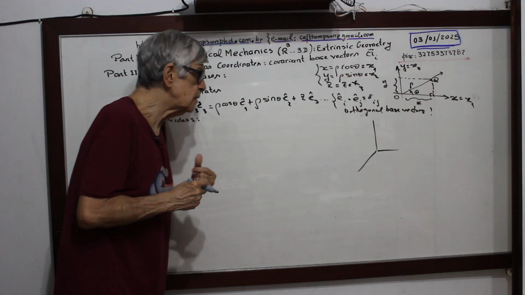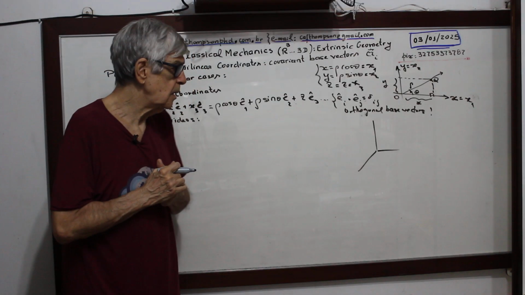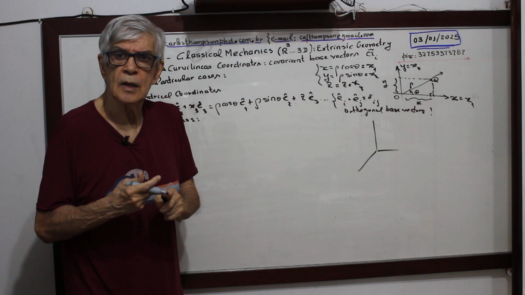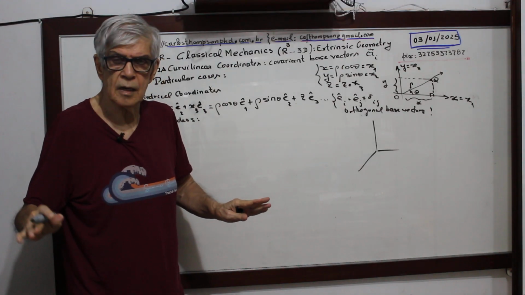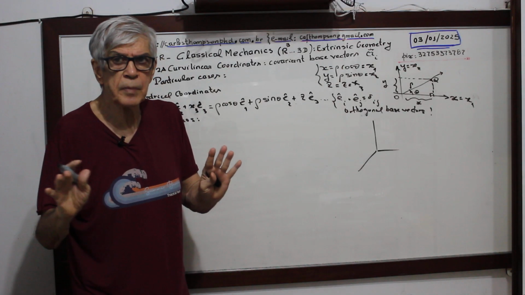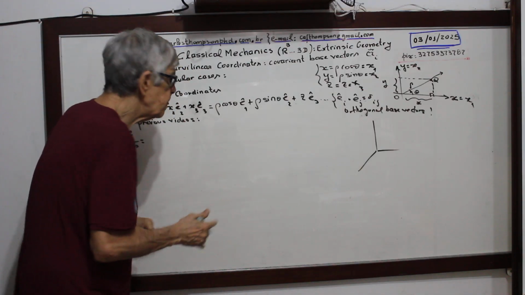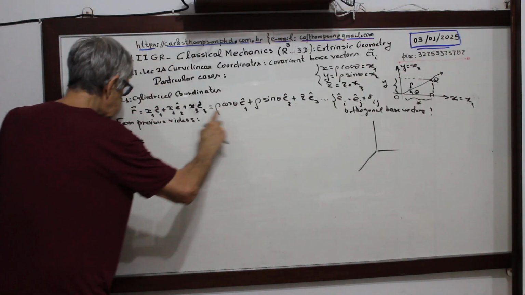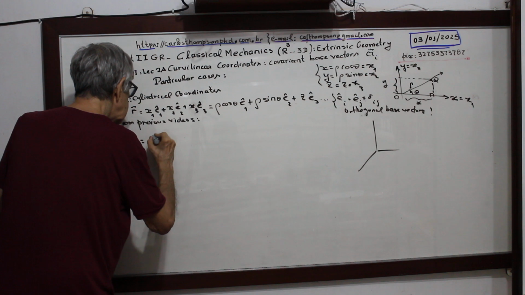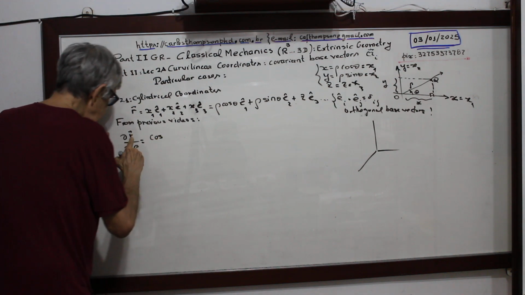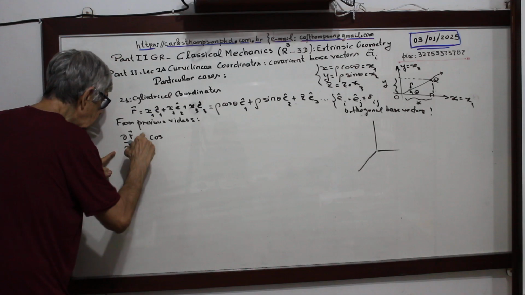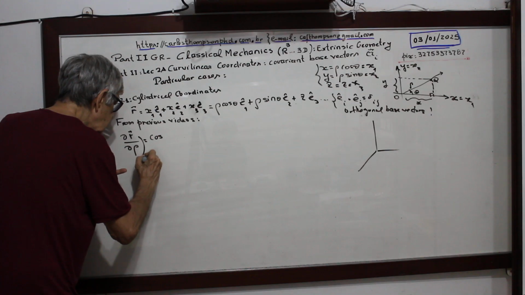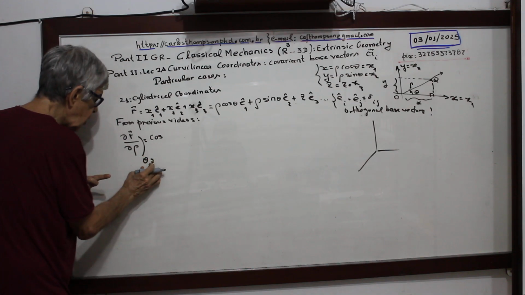So partial R with respect to rho, look at here. Another point that I did emphasize is this: rho, theta, and z, they are independent. Like x, y, and z, they are independent in general. Now, if I derive this right-hand side with respect to rho, this is a partial derivative. Don't forget, I maintain theta and z constant.